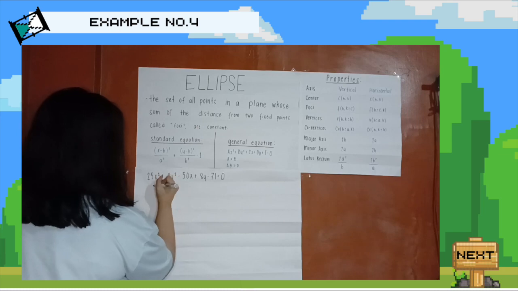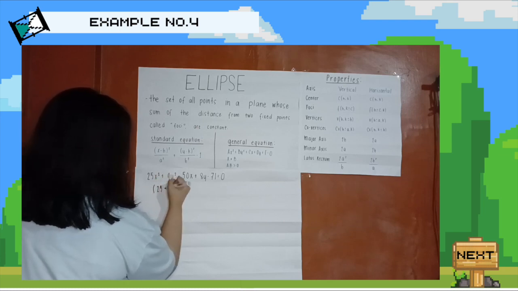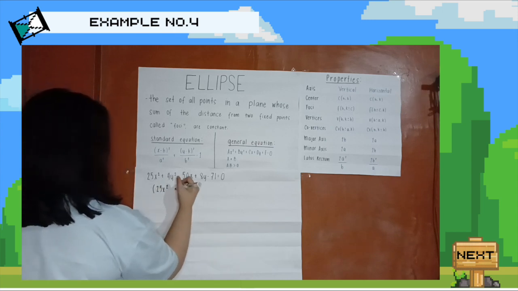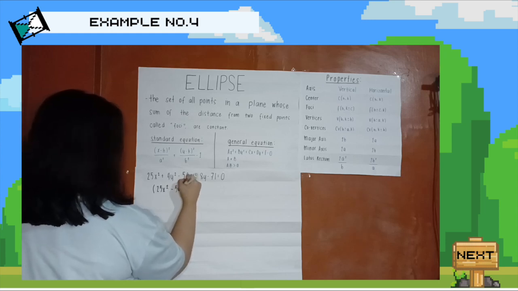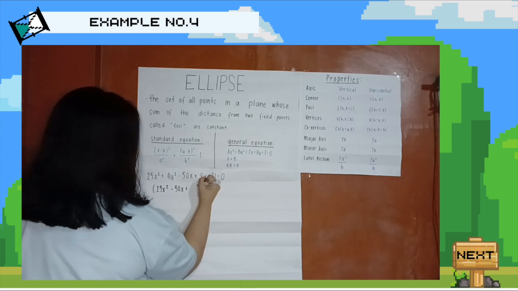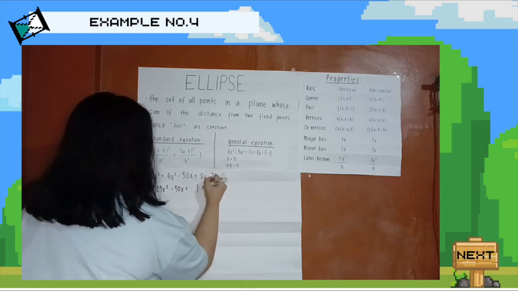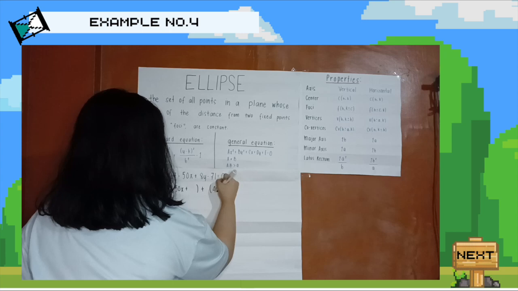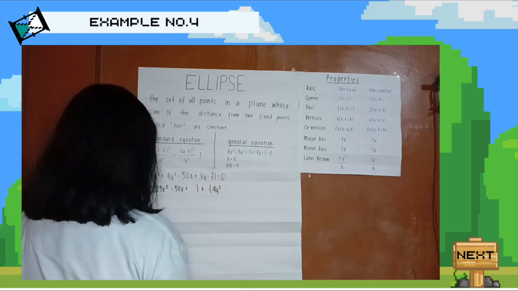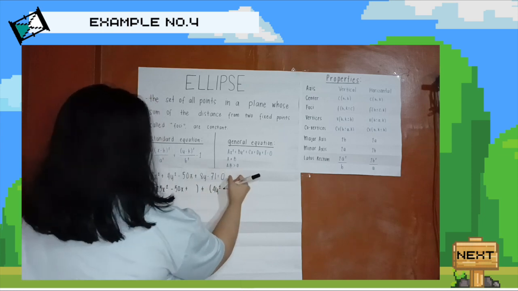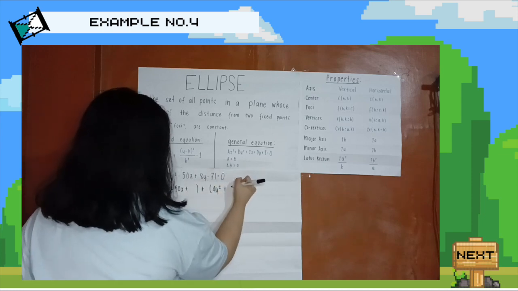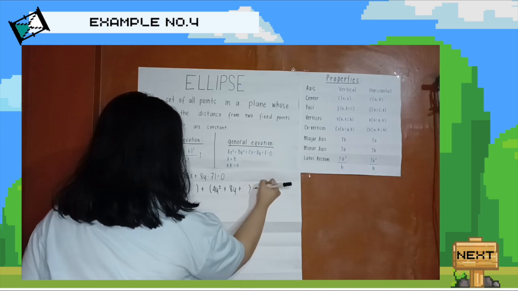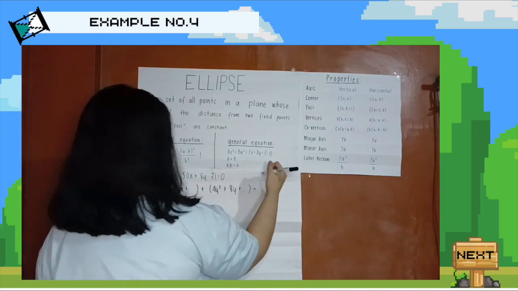So 25x squared minus 50x plus blank plus 4y squared plus 8y plus blank is equal to 71.